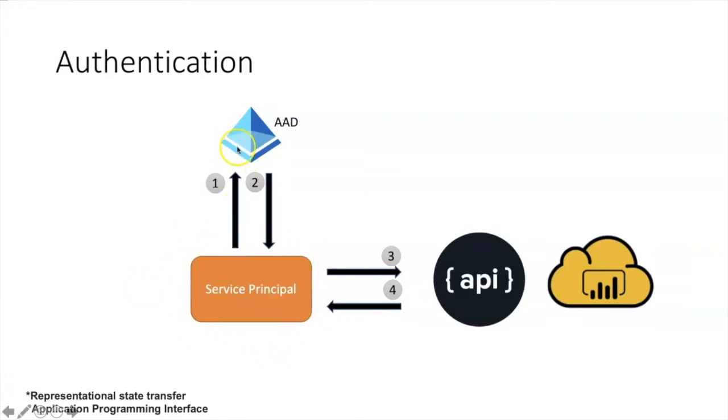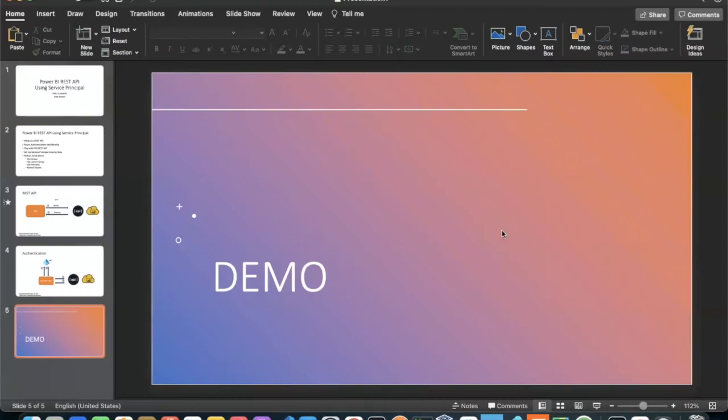You send an authentication secret saying who you are, and then AD knows what services this principal within Azure has access to. As you'll understand later when I set it up, based on that information it sends back a token, and with that token the service principal will query the API and get a response, whatever the response is. So first, let's play around with the API for you guys to understand.